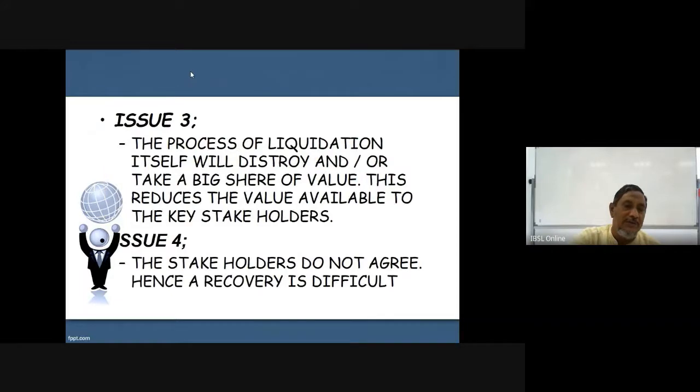Affecting stakeholders. The third issue is that the process of liquidation itself would destroy or take a big share of the value. This reduces the value available to key stakeholders. What do you mean by that? You try to do recovery, right? Your legal cost, right? You file action to recover from the customer.